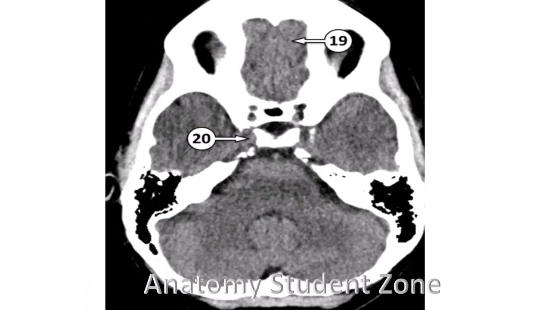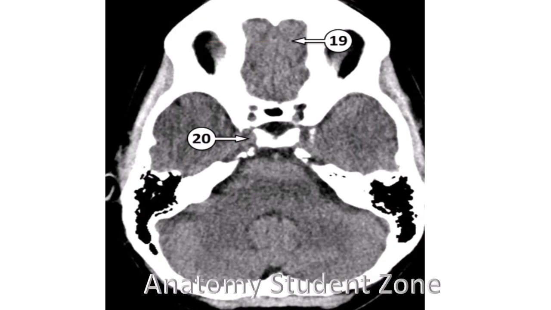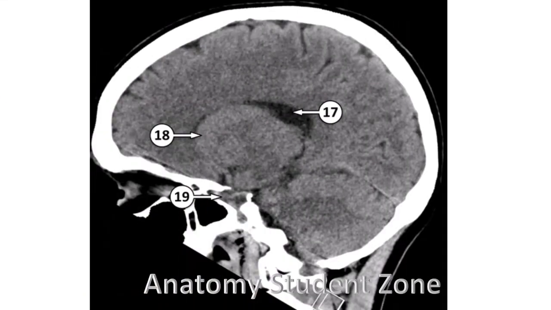So this is also a CT head, but this is axial section. 19 is gyrus rectus. Whether you can identify gyrus rectus or not, but I'm sure you can name the number 20. So yes, it's cavernous sinus with internal carotid artery over here. So this one is CT head sagittal section.